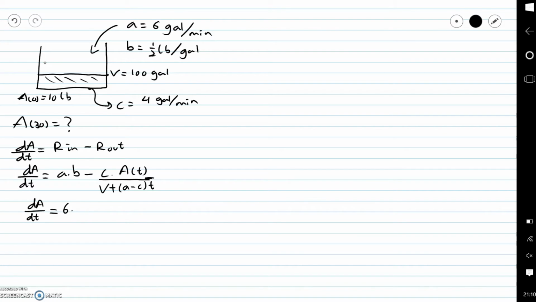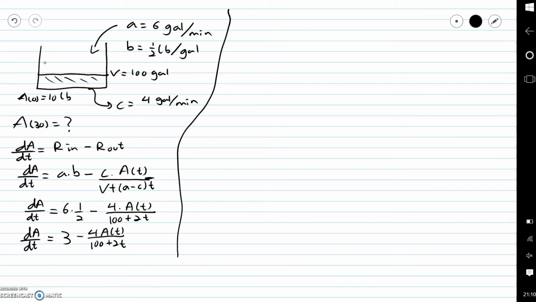So we put in the values that we get from the problem. Once we simplify the equation, we will then rearrange it into a linear equation, and from then on we will solve it like a normal linear equation.